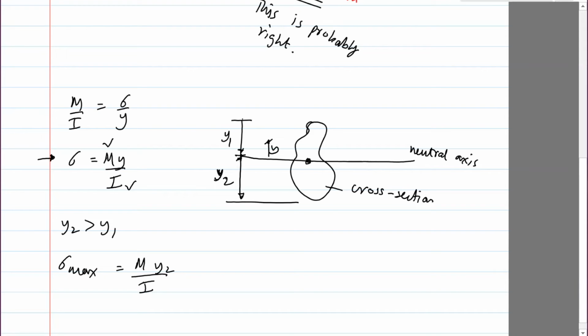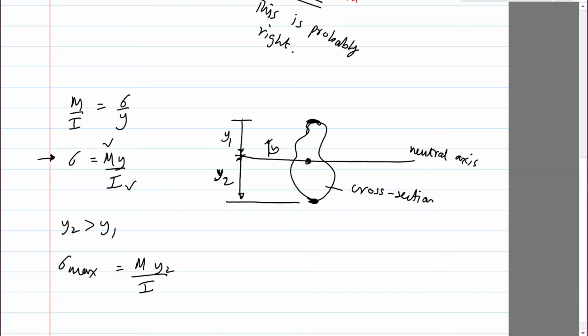And that's what you'll do. So for any geometry, no matter what it is, you just figure out the maximum distance and use that to compute the maximum stress. That's what the equations tell us. The maximum stress is always going to be at the extreme. So if the beam fails in bending, it's going to fail at the extreme ends and not at the inner side.